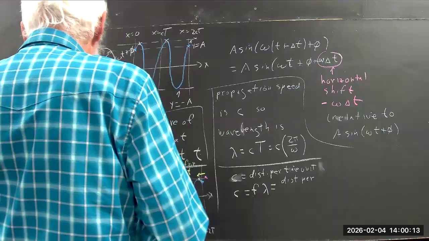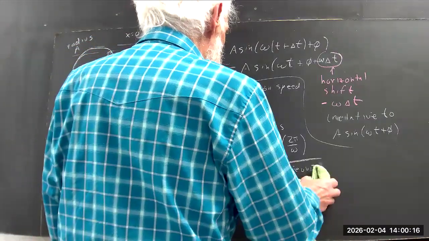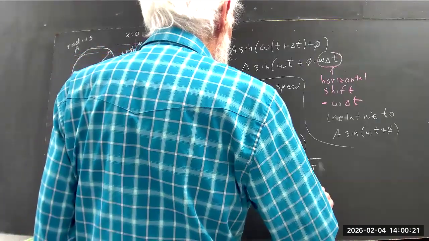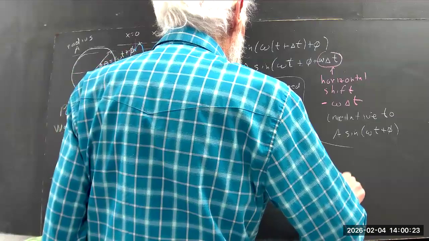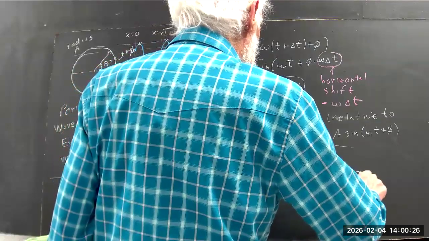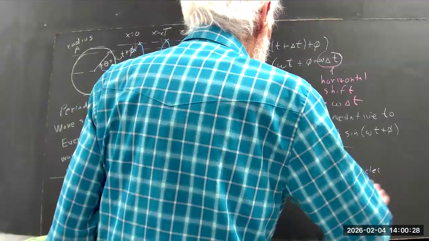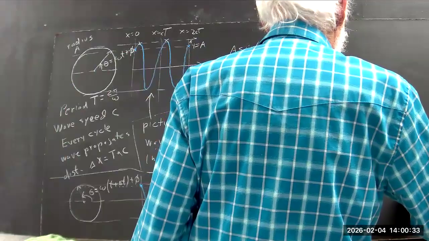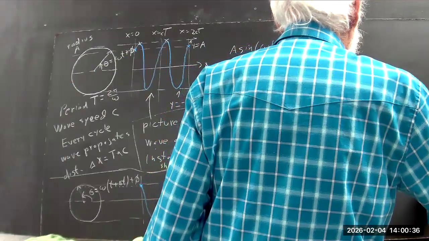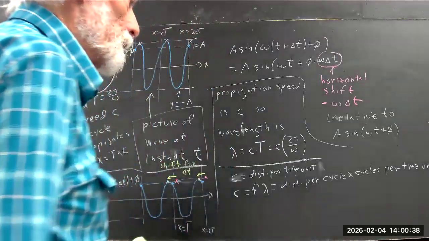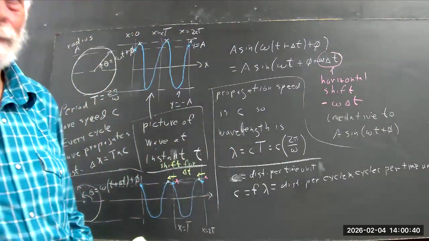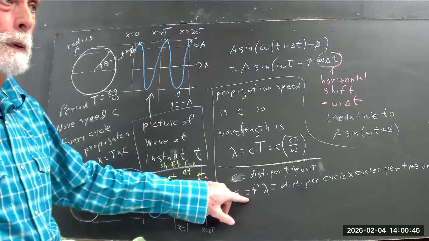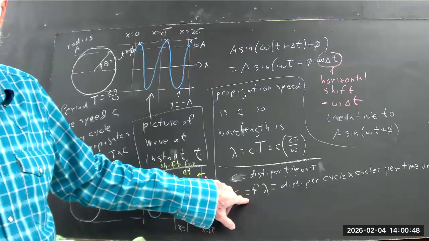I'm writing it like a fraction, but it's not a fraction. It's how far you travel in one cycle, multiplied by how many cycles you travel in a second.